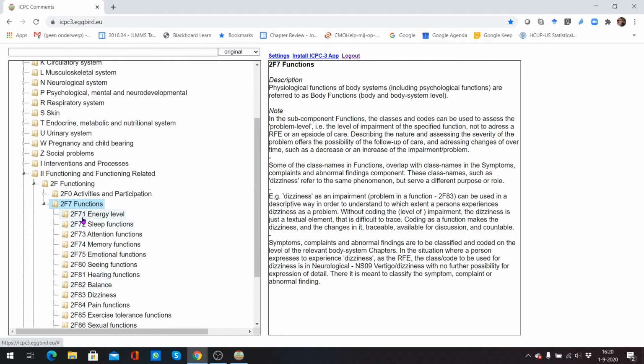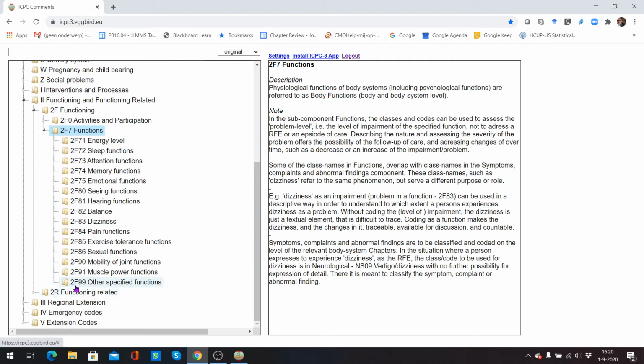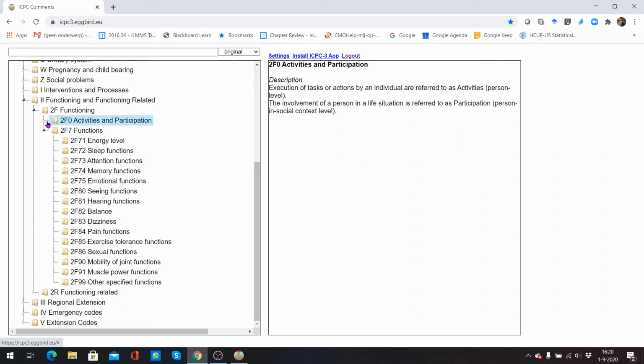So from 2F71 to 2F99 are the classes related to physiological functions, but our functioning is also related by the performance of task or the actions by the person. The class is under activities and participation. I will open it.